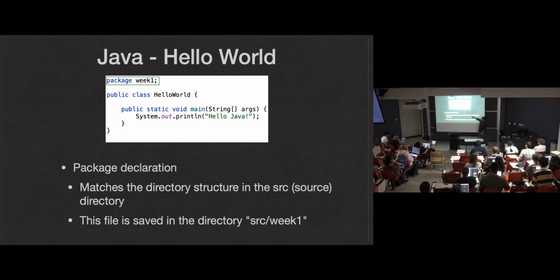All of your code in Java, at least the setup we're going to use, is going to be in a directory called src, short for source, which itself is short for source code. That's where all of our code is going to go. And then within that directory, the package is going to specify the subdirectory. So this code in package week 1 means it's going to be in a directory src/week1. That's where this code is going to be saved.